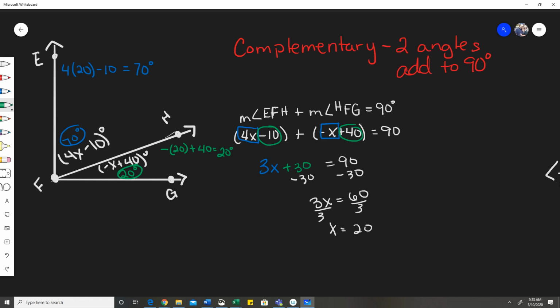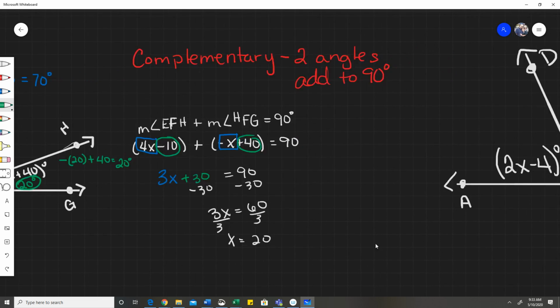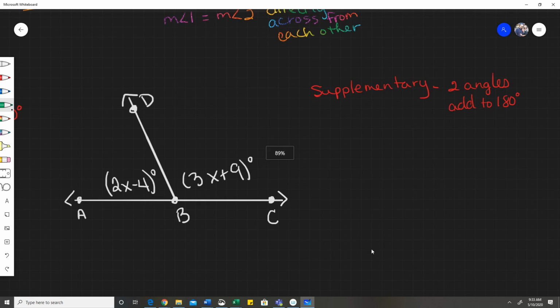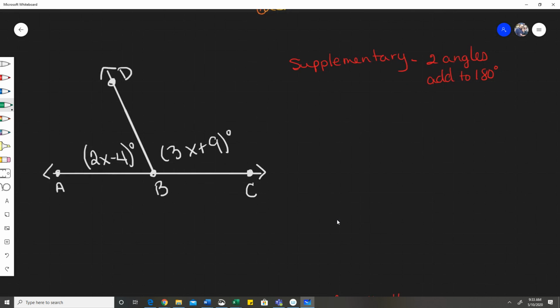Let's look at our supplementary angles. Now, supplementary angles, you notice one of the lines is cut in such a way that you get the two angles. You have one line here that's 180 degrees, and then you've got this other line or ray here that cuts it so that you end up with two angles instead of just one line.